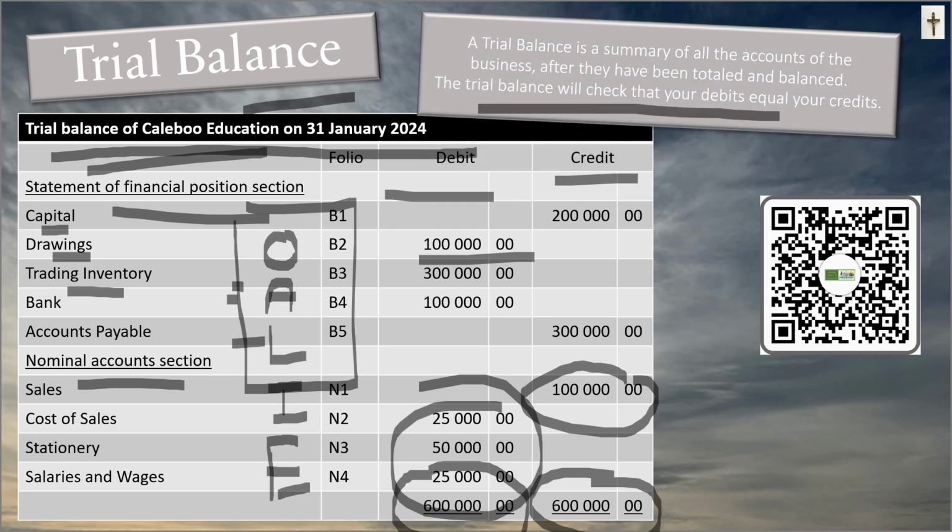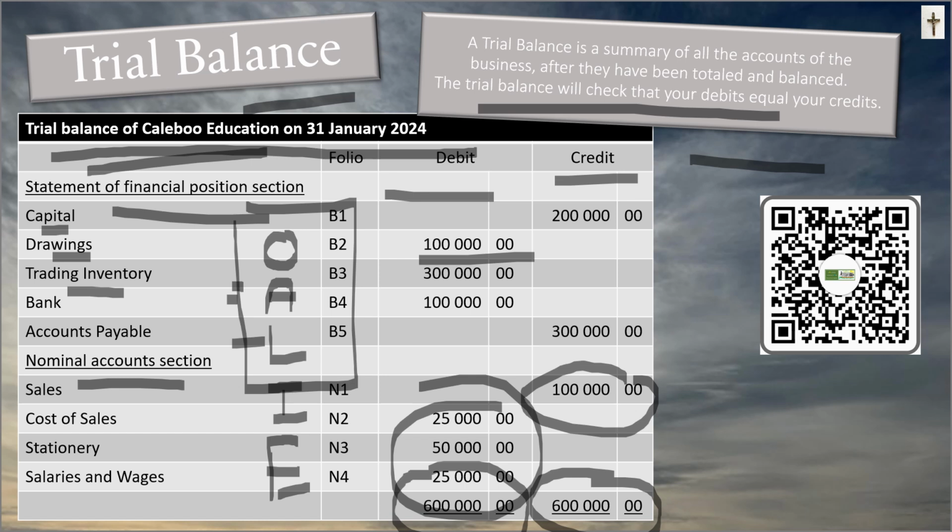There we go. A trial balance is a summary of all the accounts of the business after they have been totaled and balanced in the general ledger. The trial balance checks if our debits equal our credits. By the way, if our debits equal our credits, that doesn't mean that everything is accurate, because we could have left out a transaction completely.